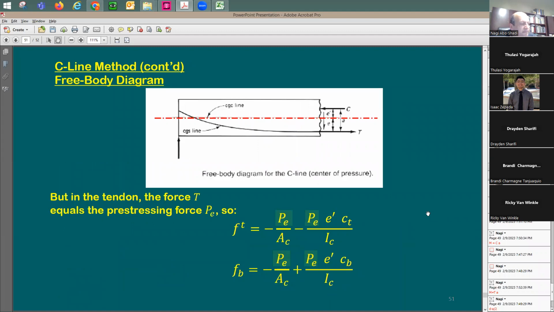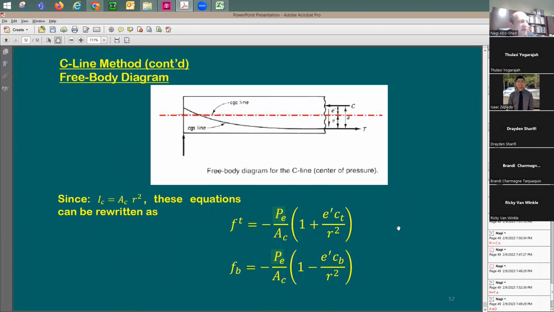If you try here PE, it means that you're talking about the effective pre-stressing. If you're talking here about PI, you're talking about the initial pre-stress that you're applying to the beam.